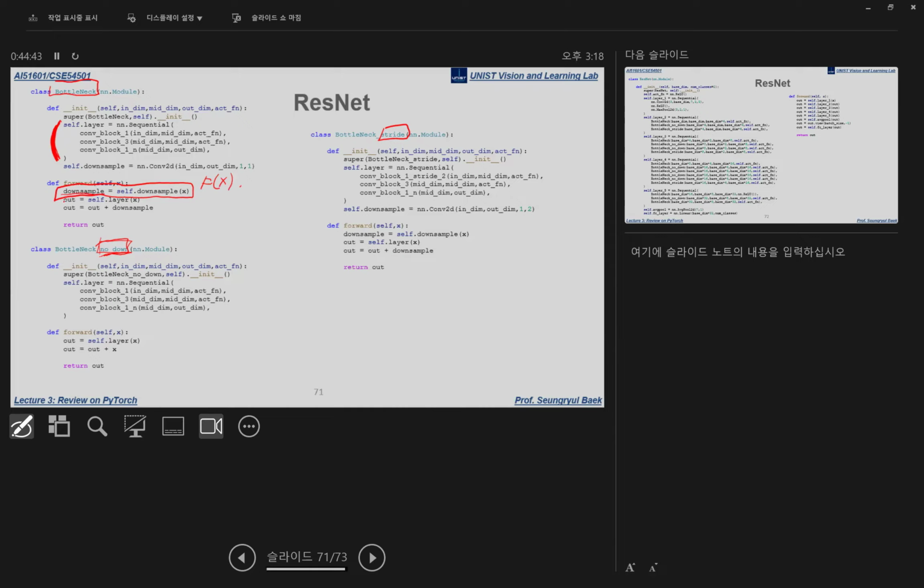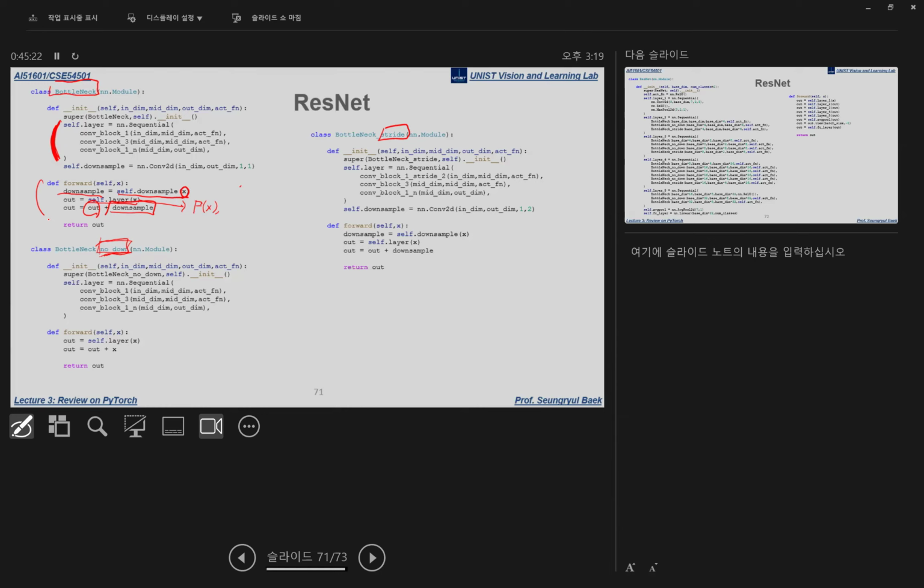These two lines implement the F(x), sequentially stacking layers, and to those outputs you add the original input X. That's the implementation of the bottleneck blocks. Here you can see the original inputs are downsampled, and F(x) is applied, and those downsampled inputs are added to the F(x). That's the implementation of ResNet.